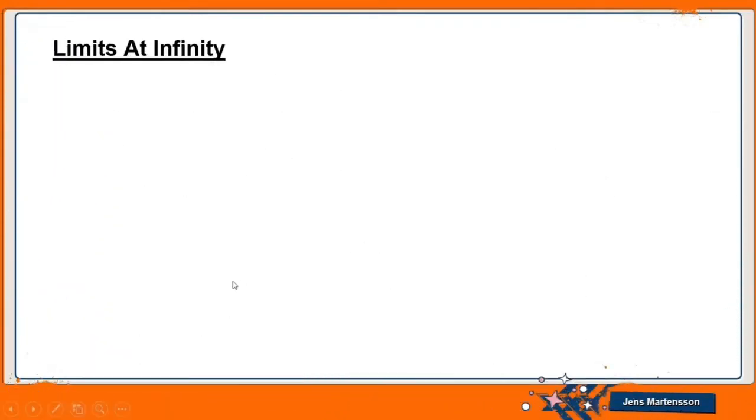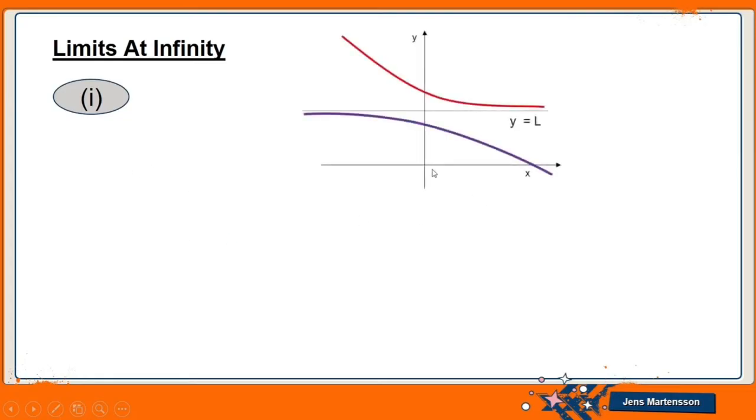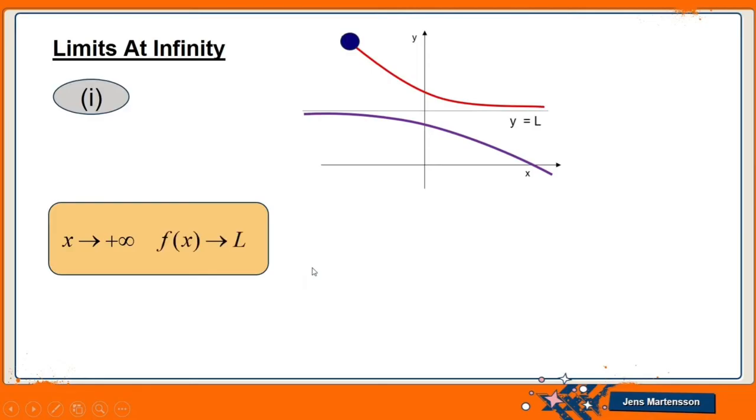Okay, limit at infinity, number 1. Okay, look at the graph. When x approaches infinity, f(x) approaches L. So we can write the limit of f(x) when x approaches infinity equal to L. Okay.